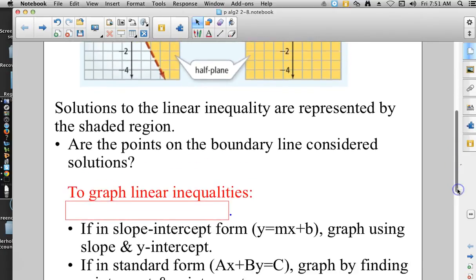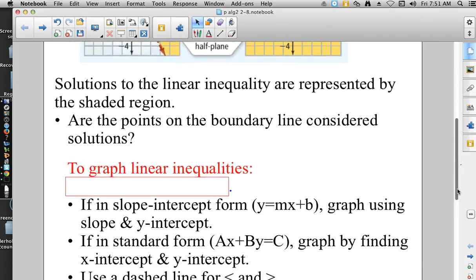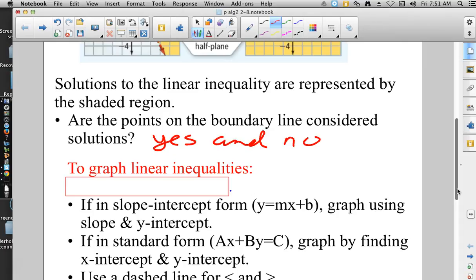So down here, solutions to the linear inequality are represented by the shading. So where the inequality works, we find the shading. And it says, are the points on the boundary line considered solutions? Yes and no. And the way we see that, the solid is, yep, all of those will count.